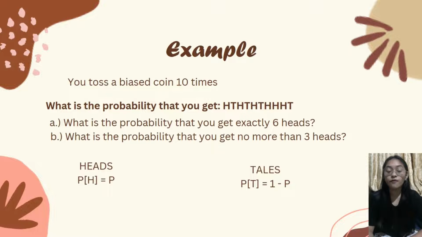Notice that each of these outcomes corresponds to the outcome of a given sub-experiment: this is the outcome for experiment 1, this is the outcome of experiment 2, 3, 4, and so on until experiment 10.